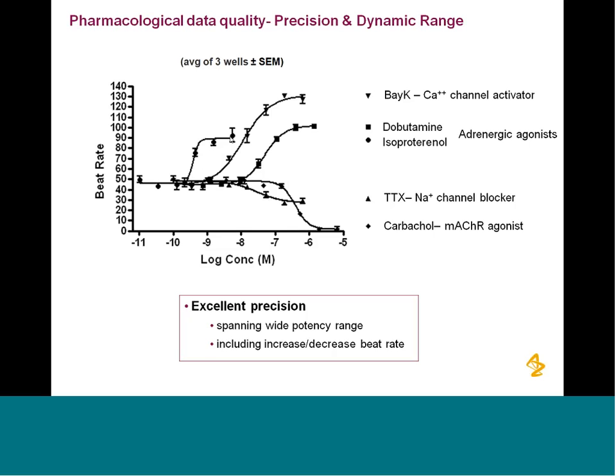And what you see here is good variance in terms of standard error. You also see good dynamic range in terms of high and low potency, good dynamic range in terms of positive and negative effects on beat rate, and good dynamic range in terms of graded positive and graded negative effects. Now that is one experiment.